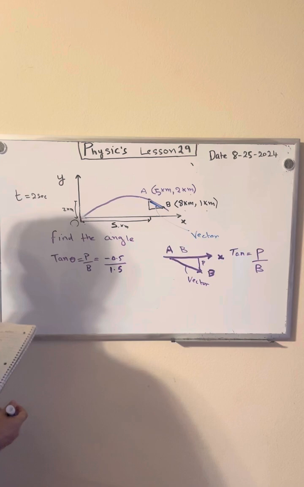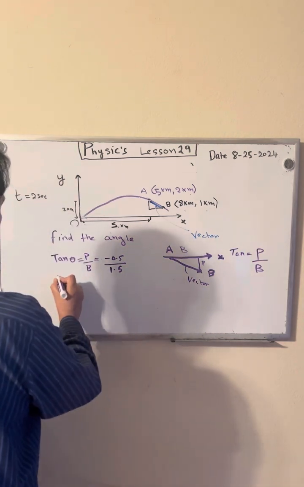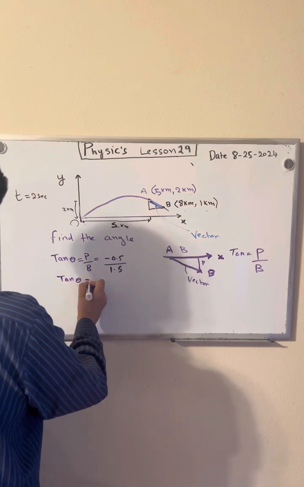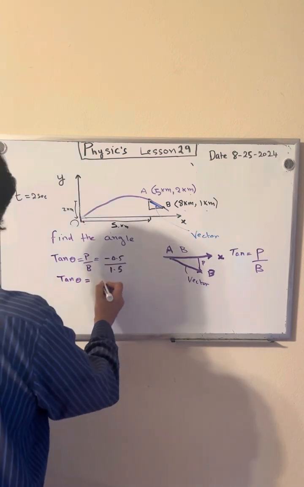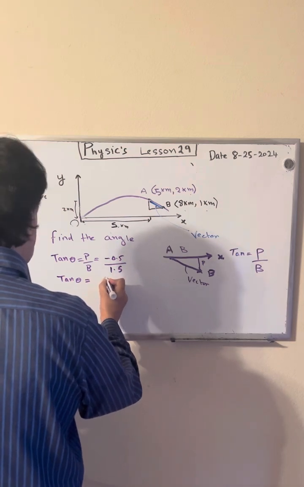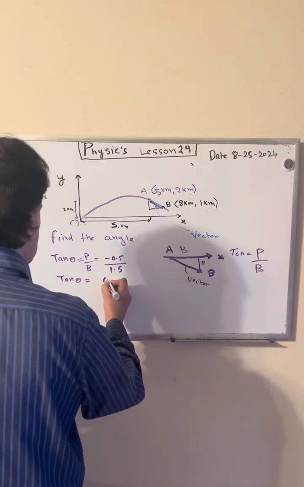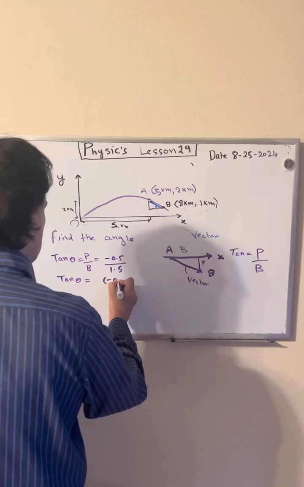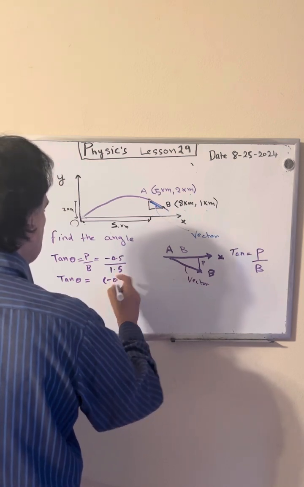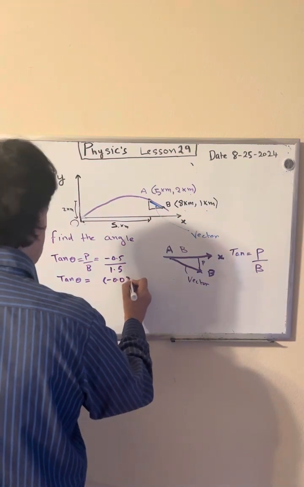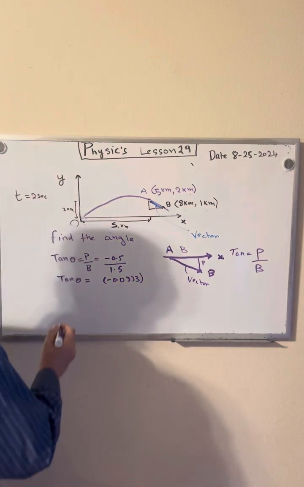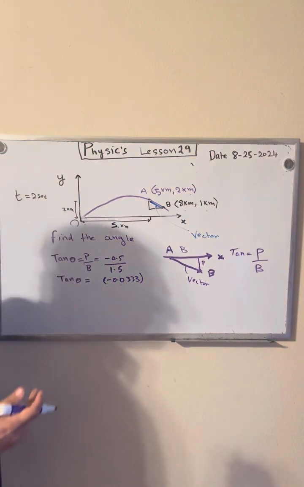Okay. So then tangent theta is equal to, we can safely say, negative 0.0333. All right. Now, if I just want to find theta, what can I do?